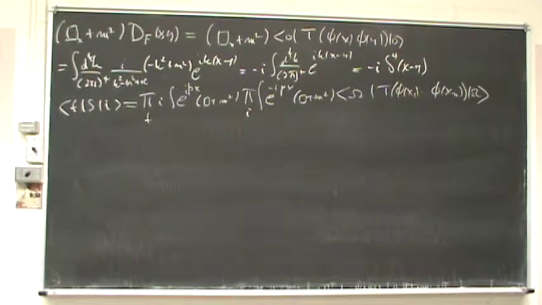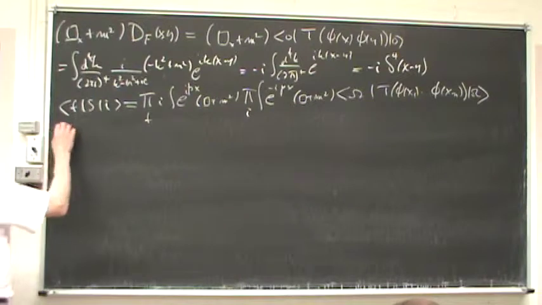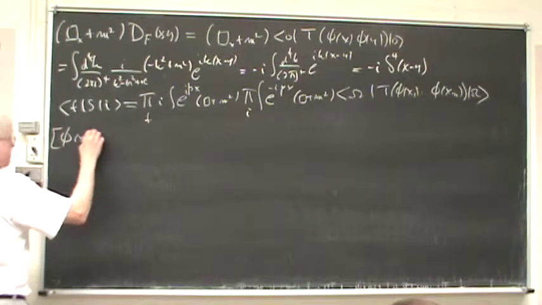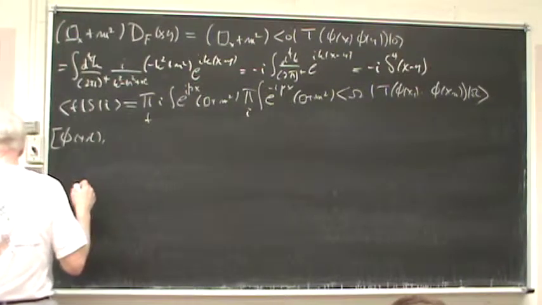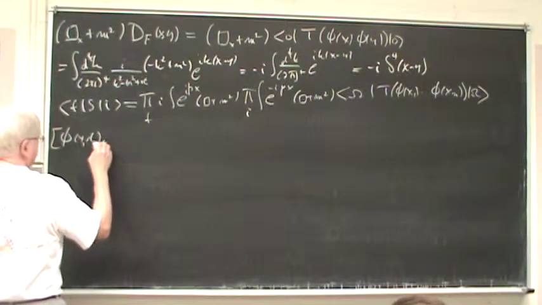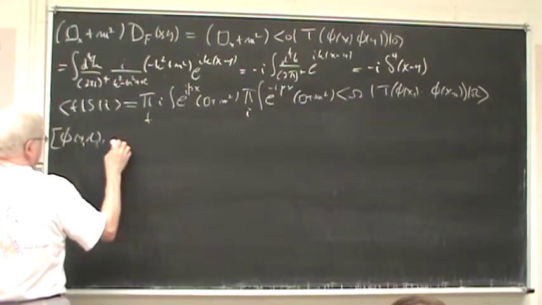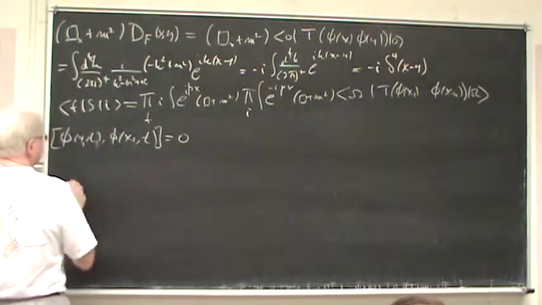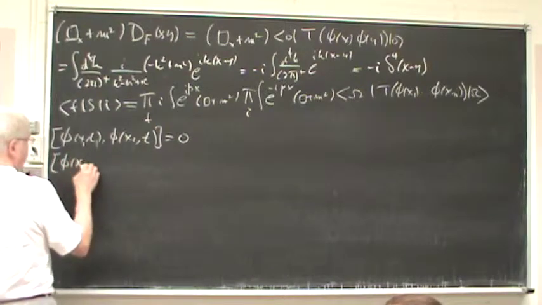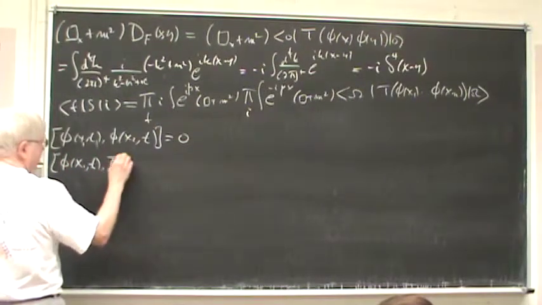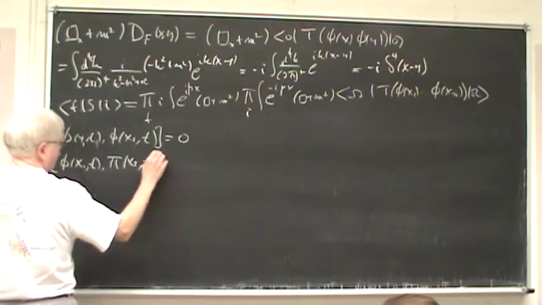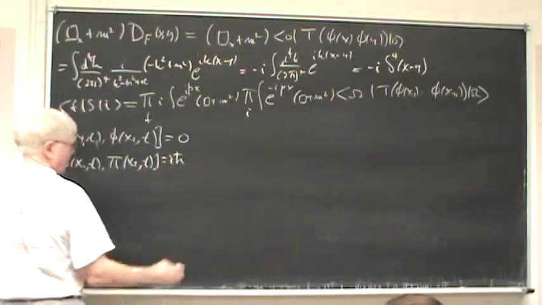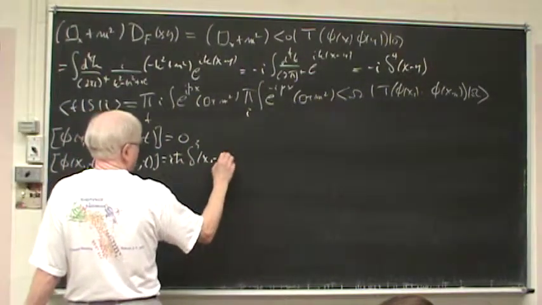Now, the basic assumptions here are that fields, or at least boson fields, at different points in space but at the same time commute, and on the other hand, that phi of x1 and t, the equal time commutator of that with the conjugate momentum, is i, and if we put in the h bar, it's h bar delta cubed of x1 minus x2.